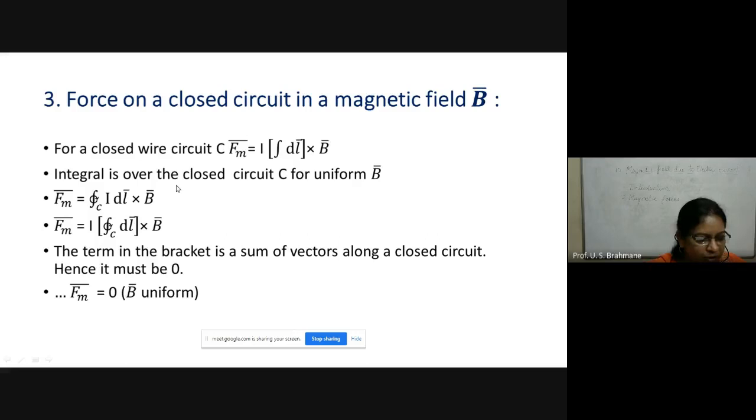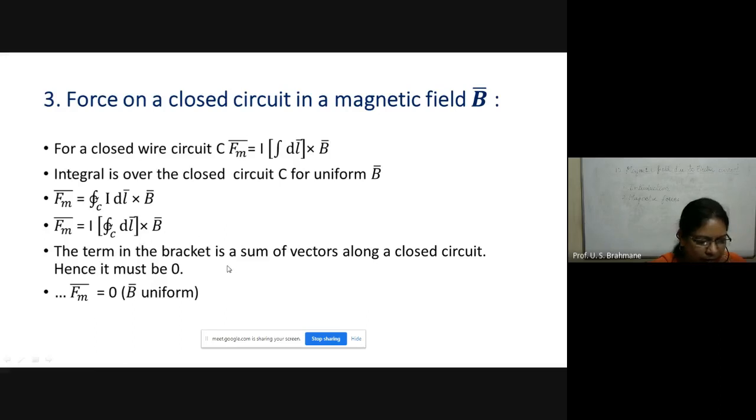When we consider the closed circuit, we write the integral sign with a circle, that is a closed circuit. So Fm vector is equal to the closed integral over circuit C of I dl cross B vector. Then Fm vector equal to I in the bracket, as B is also uniform, the closed integral over C of dl cross B vector.